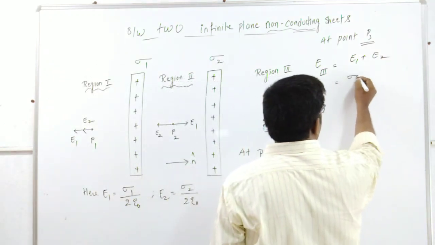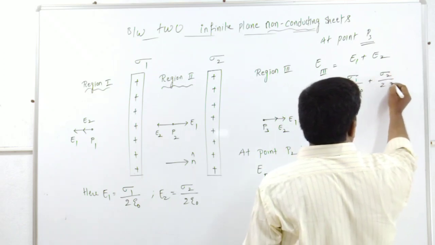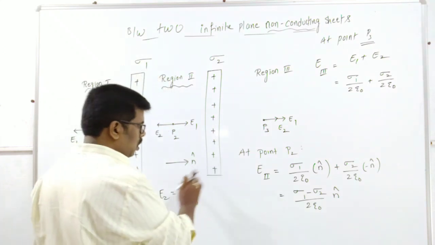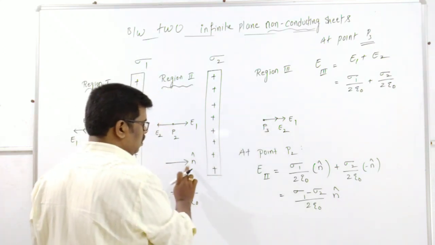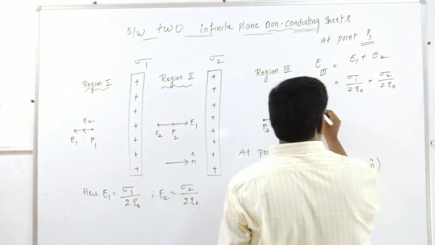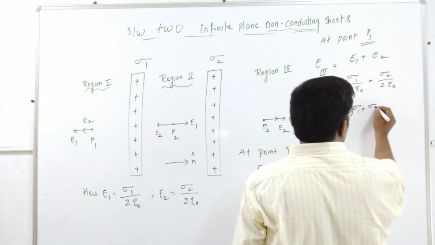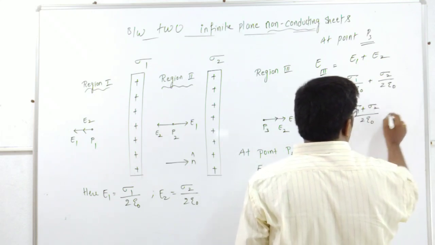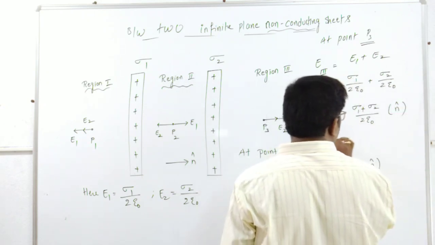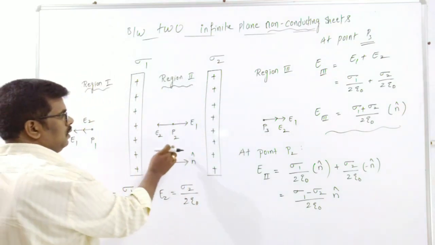So E1 is nothing but sigma 1 by 2 epsilon naught plus sigma 2 by 2 epsilon naught. And these two, if you observe, are along the direction of the unit vector. So we will write this in vector form in region 3, that is sigma 1 plus sigma 2 by 2 epsilon naught n cap. So this is the electric field intensity in region 3.